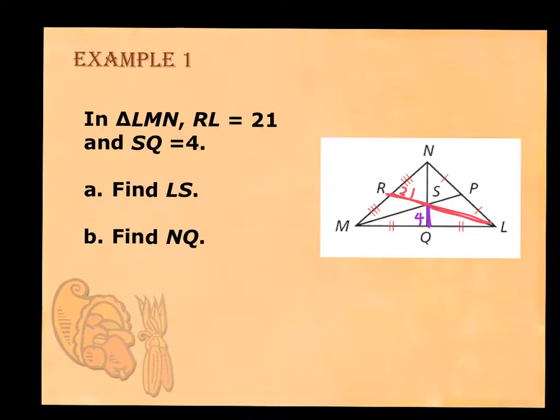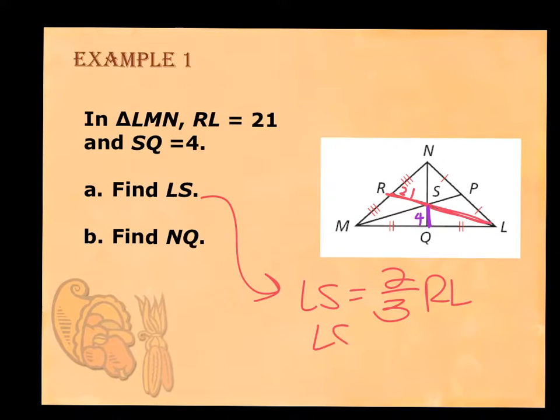So if RL is the whole side length, how do I find LS? Good. LS equals 2/3 of LR. So LS equals 2/3 of 21. 3 goes into 21 7 times. 2 times 7 is 14.